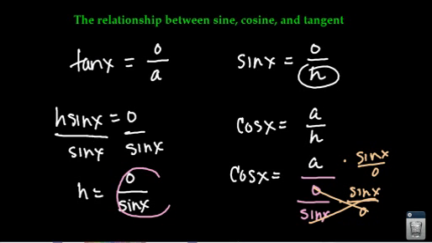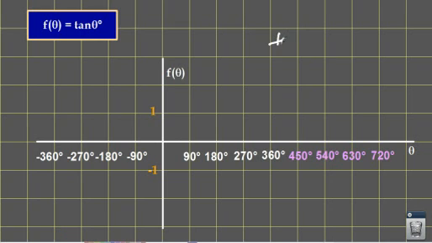Well, if tangent of x is equal to the sine of x divided by the cosine of x, that means that anytime cosine equals 0, I'm going to have a 0 in my denominator, and you can't do that. Do you remember asymptotes from our earlier studies? Anytime there's a 0 in the denominator, we have an asymptote, a line that our graph will never touch.